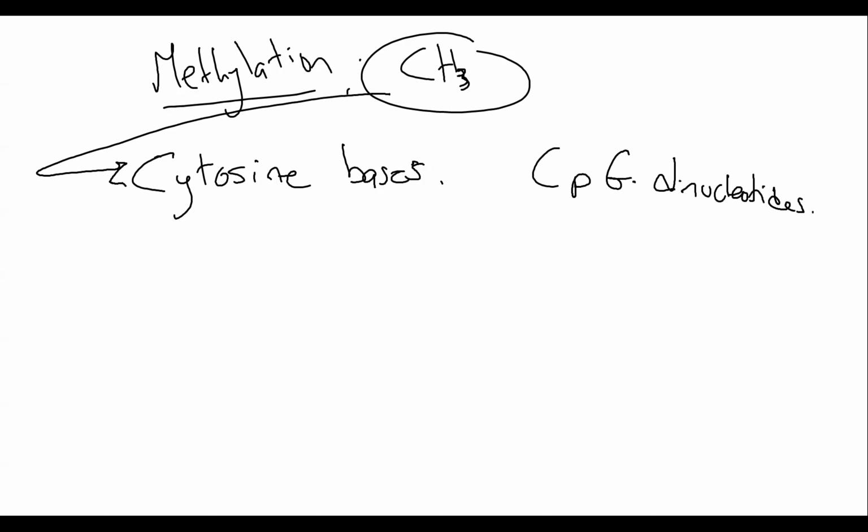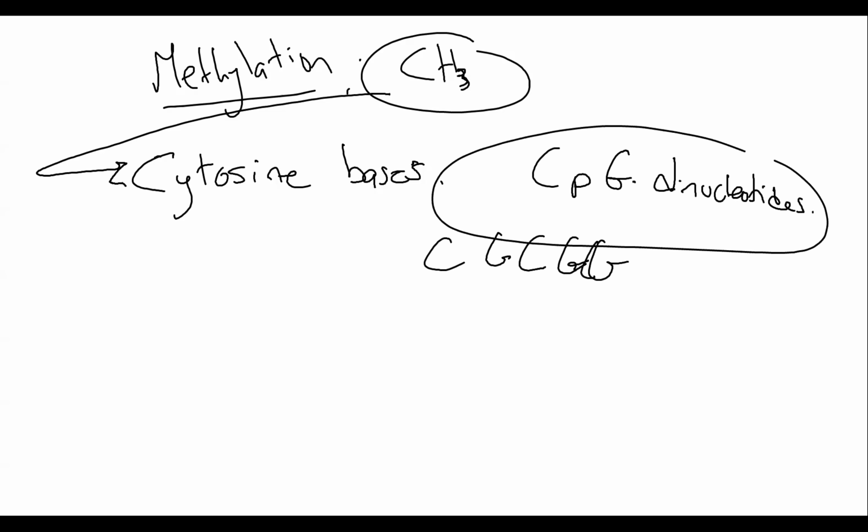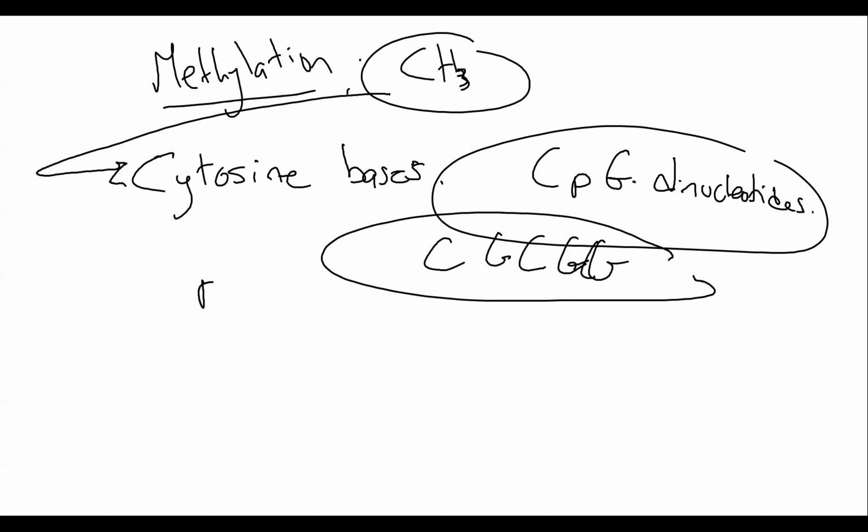CpG is a cytosine followed by guanine in the DNA sequence, meaning CG, CG, CG in this way. This is called the CpG. This is catalyzed by enzymes called DNA methyltransferases, or DNMTs.